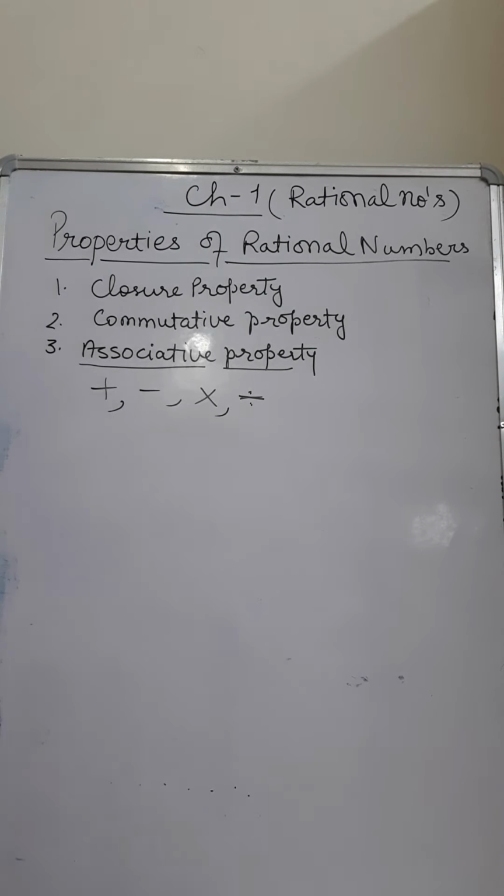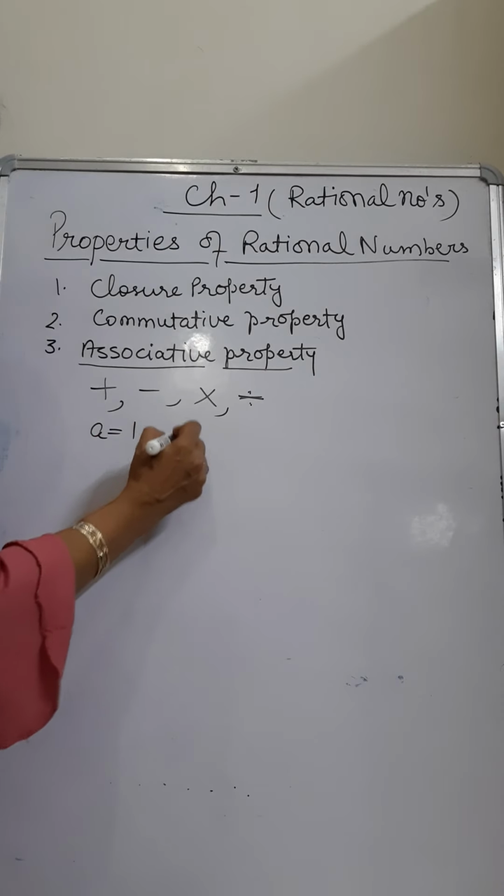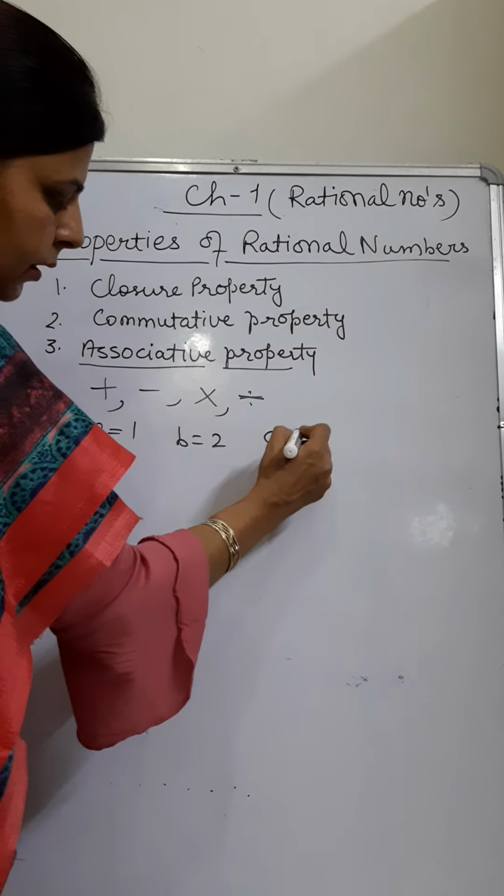In the associative property, let us recall this associativity for whole numbers. We have already done associative property for whole numbers in class 6 and for integers in class 7th. Like in class 6 we have done for whole numbers. Suppose I am taking three whole numbers a 1, b 2 and c 3.